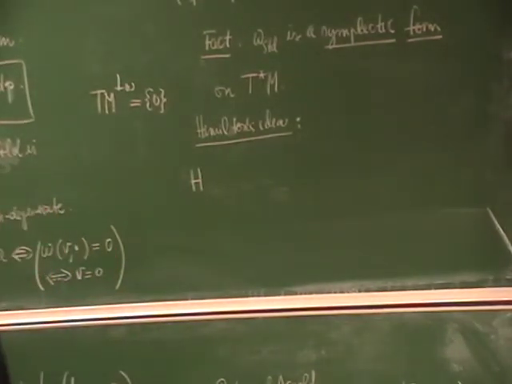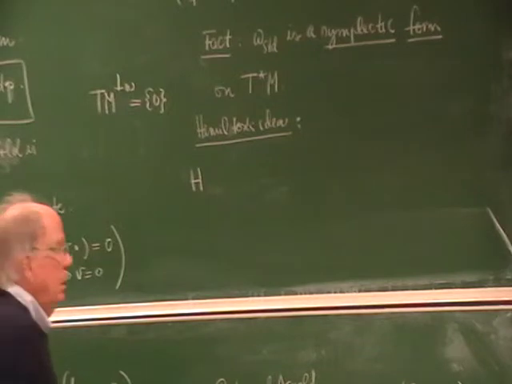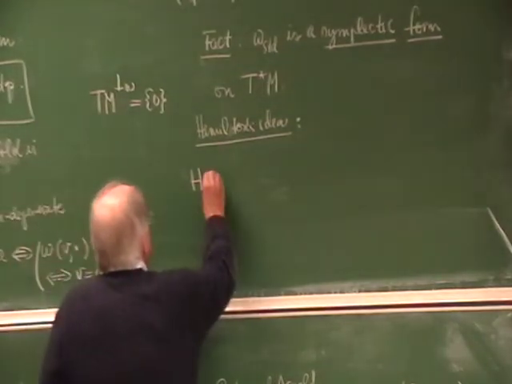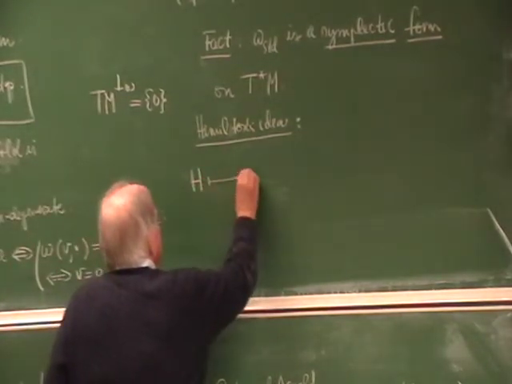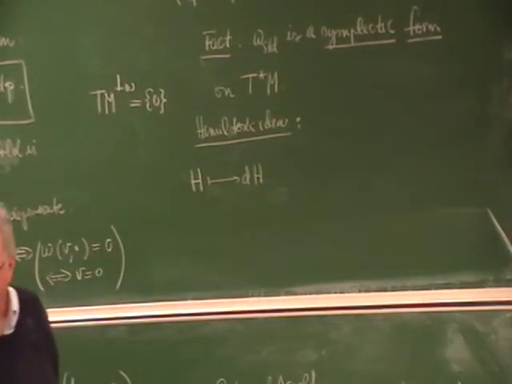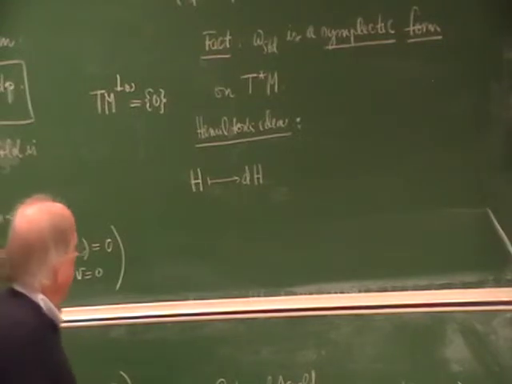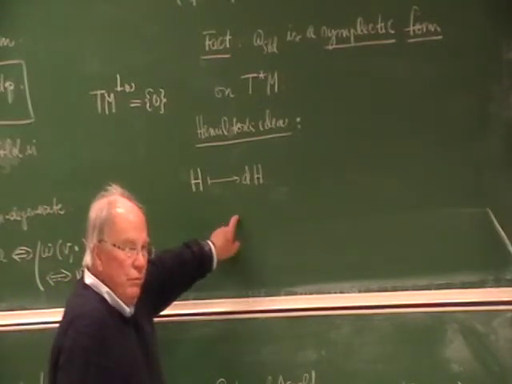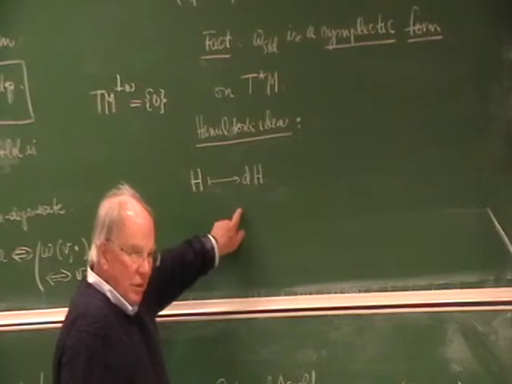He didn't call it a Hamiltonian, but you start with a Hamiltonian, which is any function, and you take d of this. And you say that's a one form. That's a one form, right?